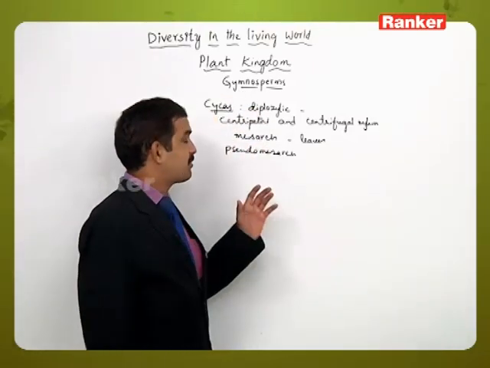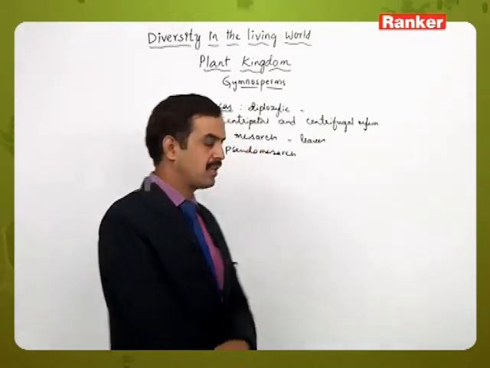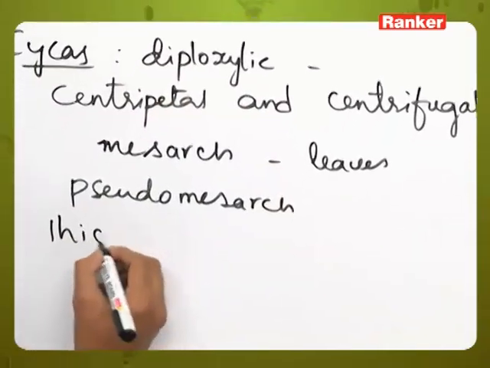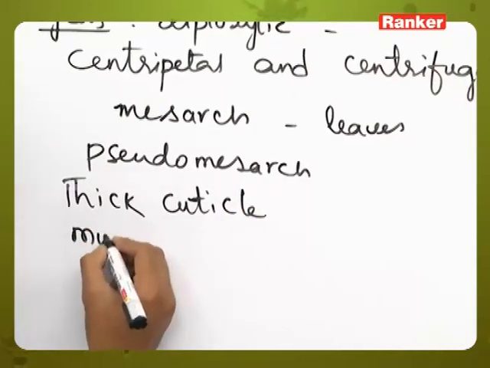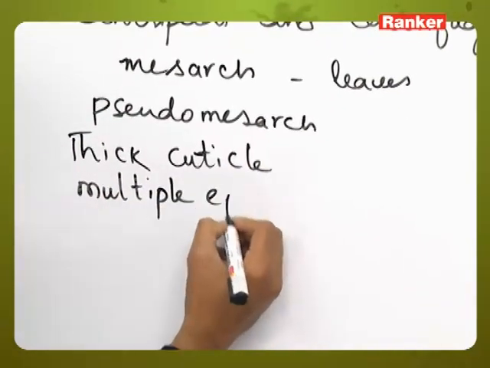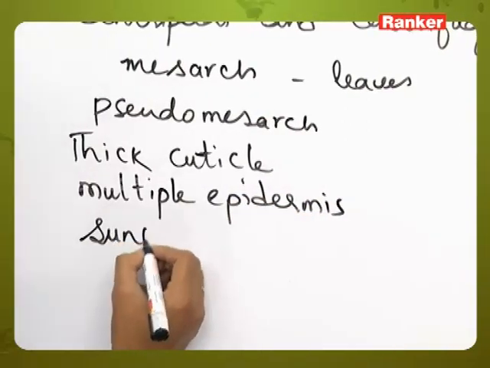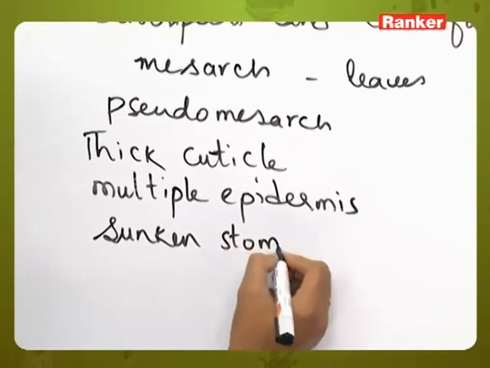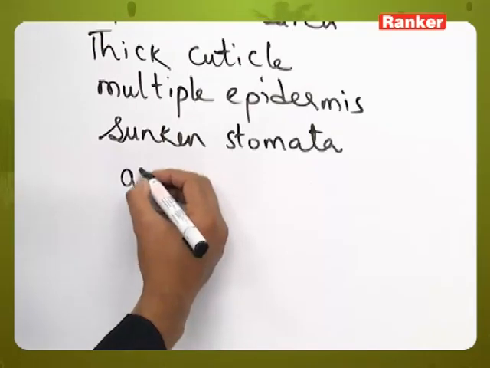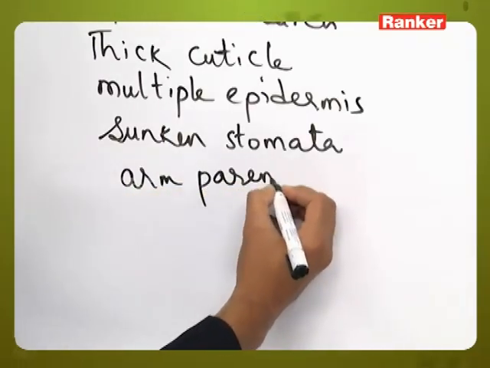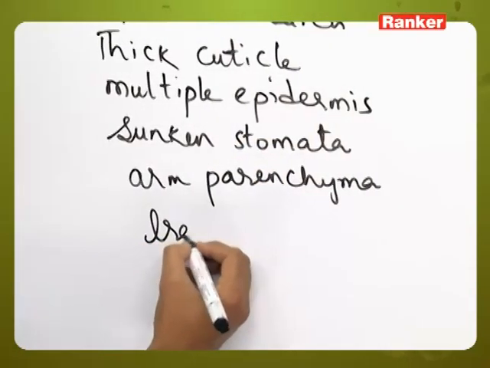And as we said, Gymnosperms exhibit many xerophytic adaptations like the presence of a thick cuticle wall. Some will have multiple epidermis and the presence of sunken stomata in the leaves, that is, the stomata present in deep grooves, the presence of arm parenchyma, and the presence of transfusion tissue.